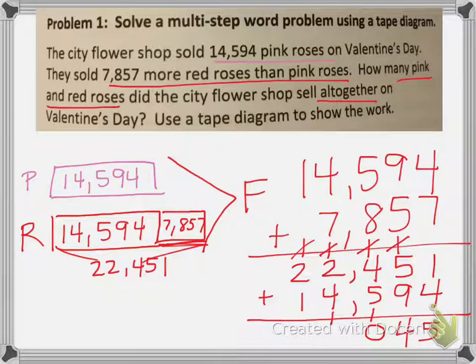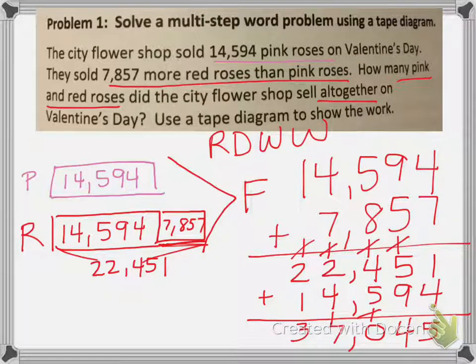Regroup the thousands. 2 plus 4 equals 6, plus 1 equals 7. 2 plus 1 equals 3. And bring your comma down. 37,045.